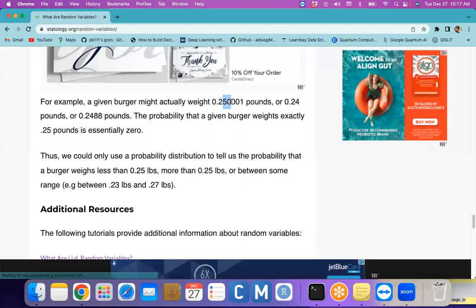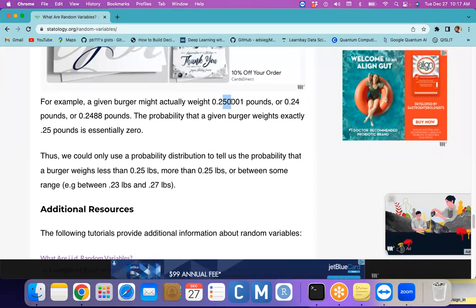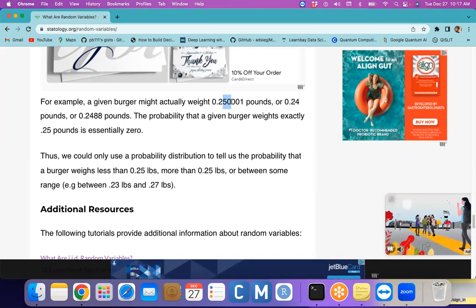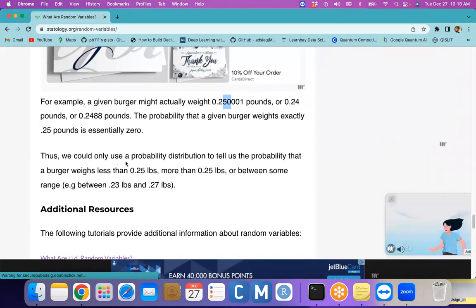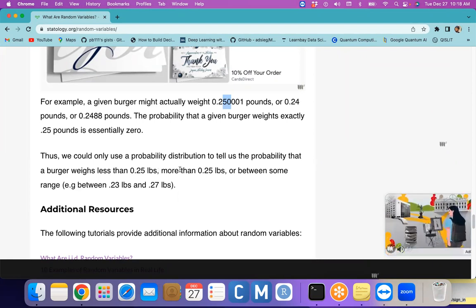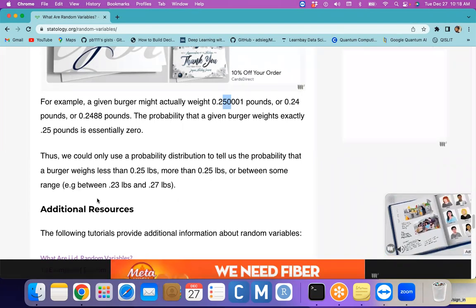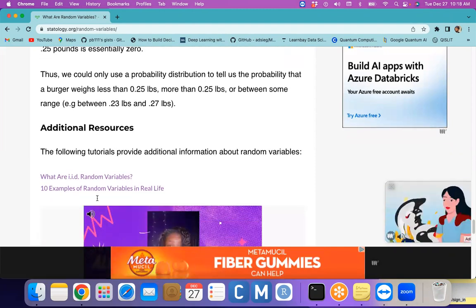Measuring it exactly at 25 is impossible. Maybe it can be more or it can be less. That's the reason we cannot find the probability for an exact value. It can be essentially 0. So we can only use the probability distribution to tell us the probability that the burger weighs less than or more than some value, right? So that makes sure we need to go for the cumulative probability distribution for this kind of example.